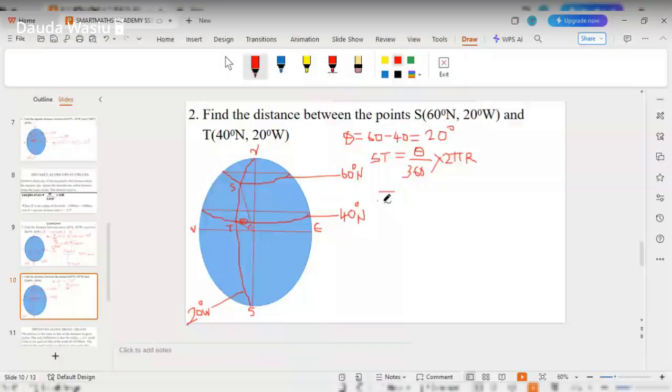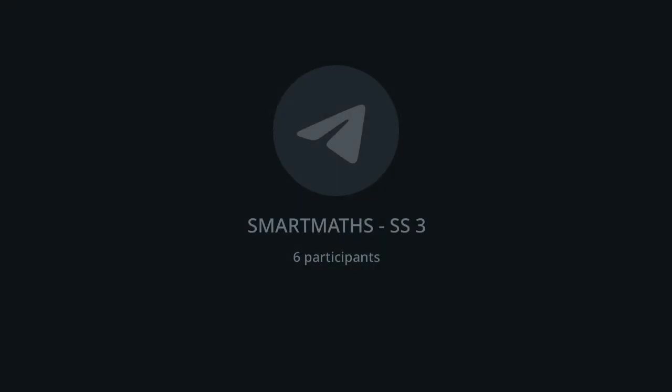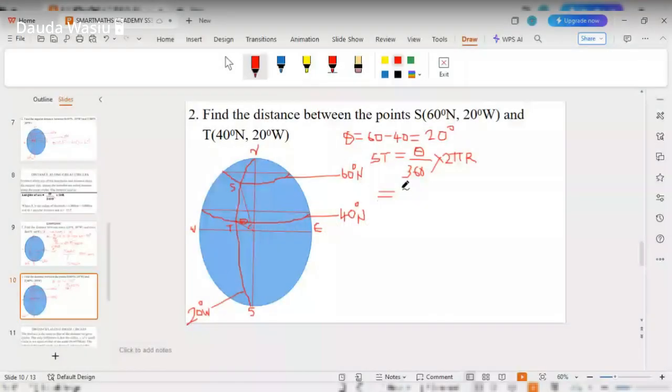Theta is 20, that is the angular difference. So 20 all over 360.